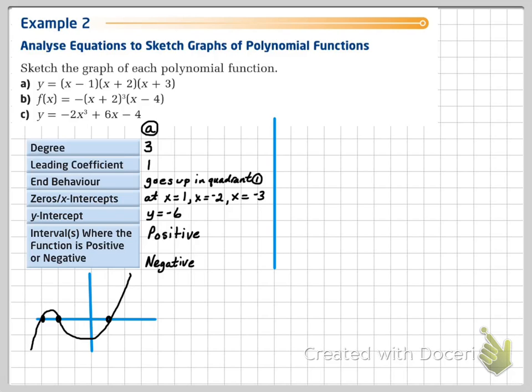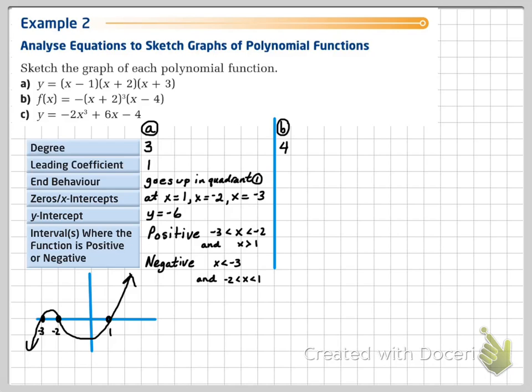Let's look at where our intervals are. x has got to be less than negative 2 but greater than negative 3, and greater than 1. Negative when x is less than negative 3, and between 1 and negative 2.